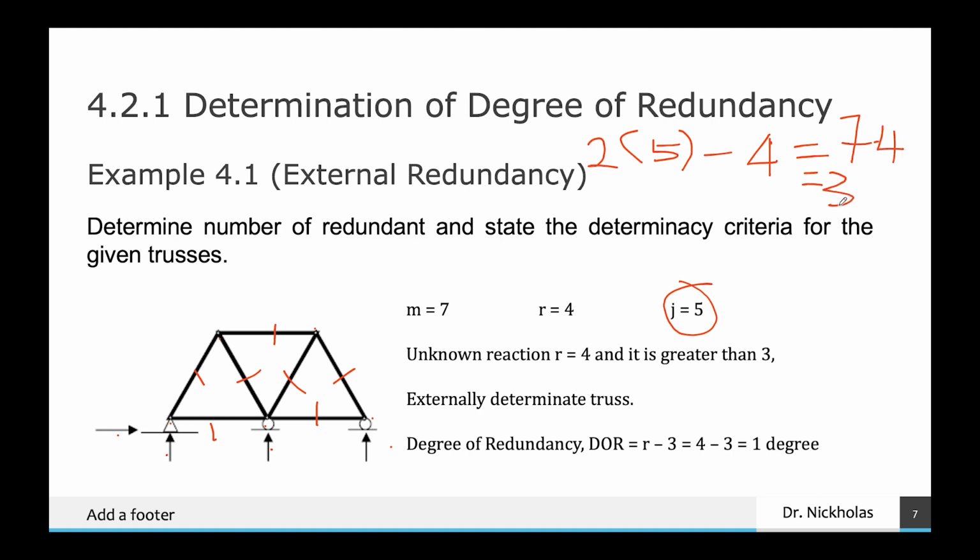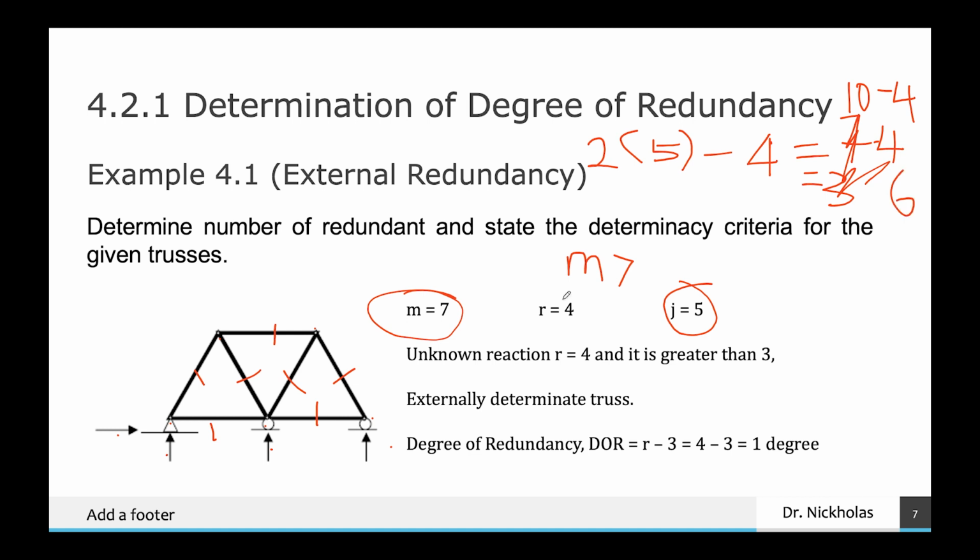So when we measure this, we know that now we have m equal to 7. m is greater than, no, this is not 7, sorry, this is 10 minus 4, so we have 6 here.